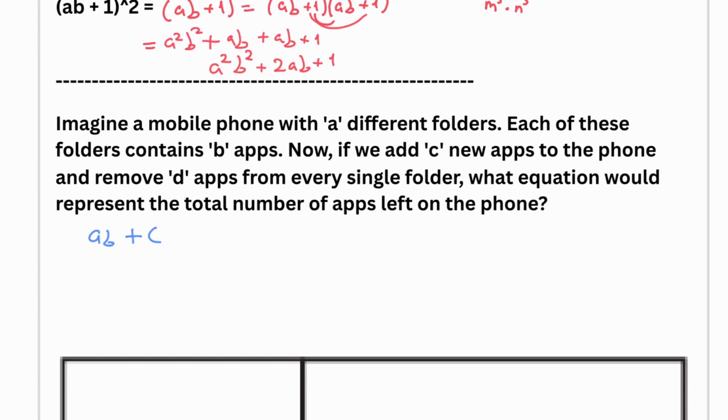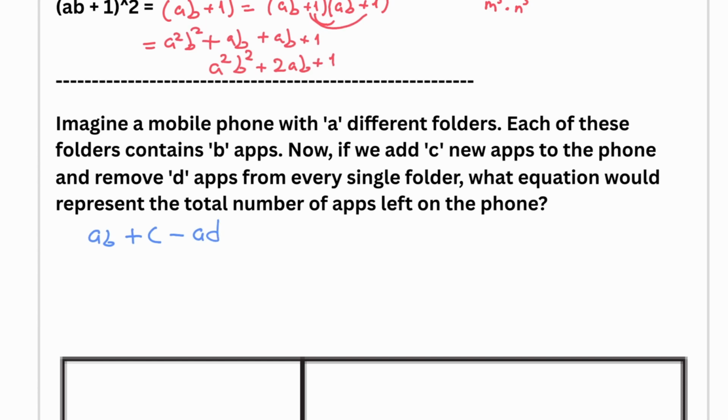If we have A folders and we're removing D apps from each, in total we would remove A times D apps, right? For example, if we had 3 folders and if we were removing 1 app from each folder, that would give us 3 apps in total, right? So we can write that as minus AD, right?